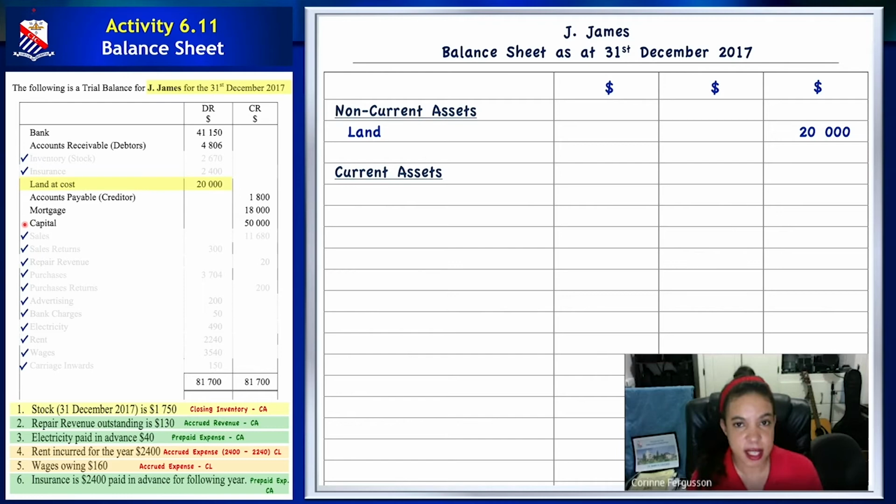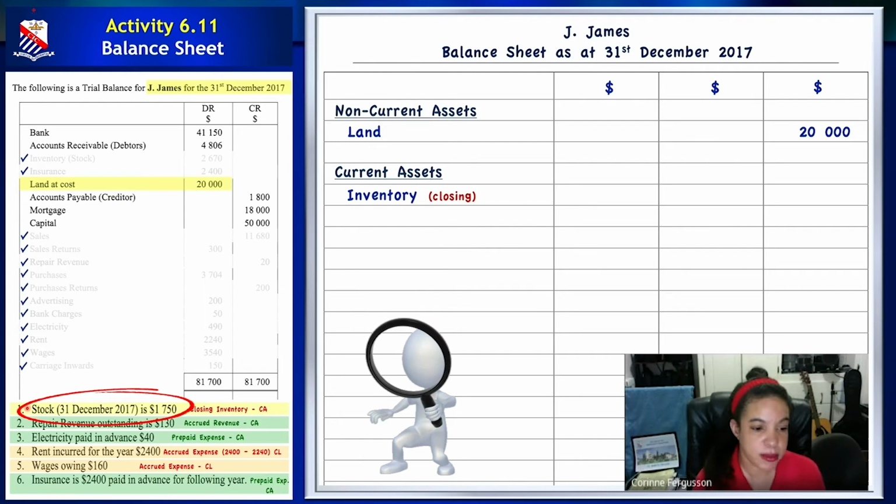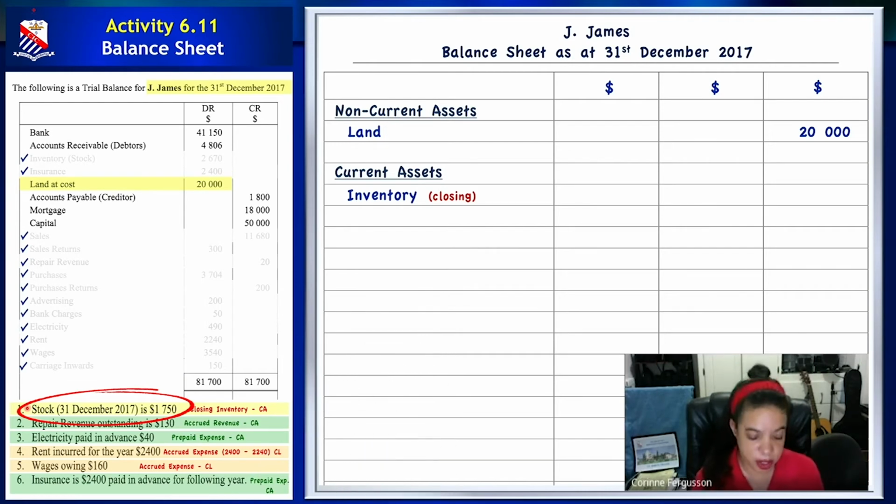And the current assets, there is an order. You always start with your inventory, and it is your closing inventory, not your opening. It is always your closing inventory. And where do you find your closing inventory? In the notes, right? So your closing inventory, and we will put that in the middle column. Your closing inventory is 1,750.